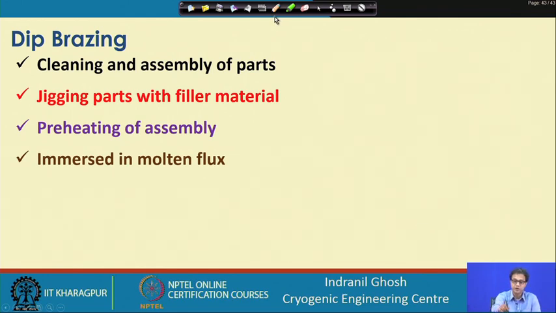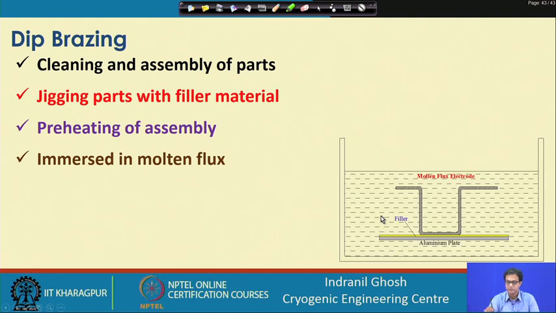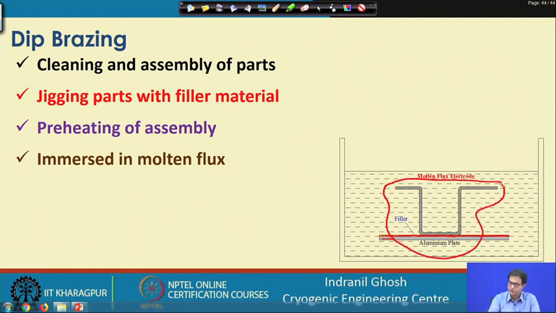But why do we need preheating? We will come to that part. Like this one, if this is the aluminum plate, we will find that the plate on top of it has a filler material cladded on top of the aluminum material. This yellow color one is the filler material, integrated with that one, and this fin is just one fin that is shown on top of it.